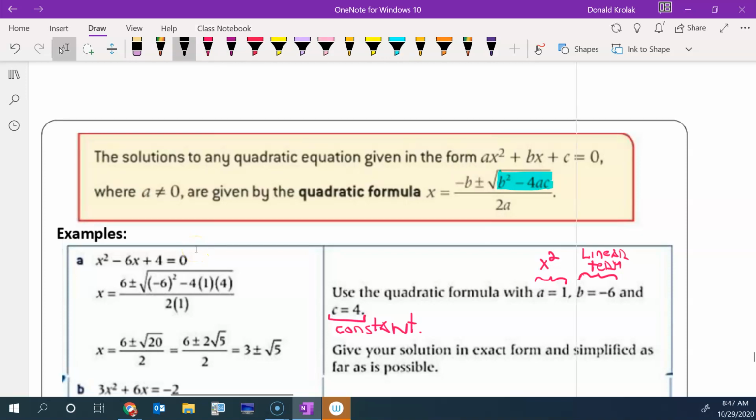That expression is called the discriminant. The discriminant is b squared minus 4ac. Looking at that discriminant, it tells us all sorts of things about a parabola without even drawing the parabola.